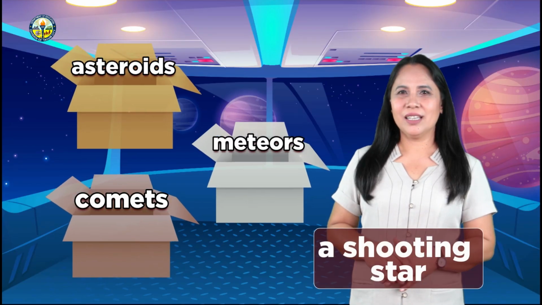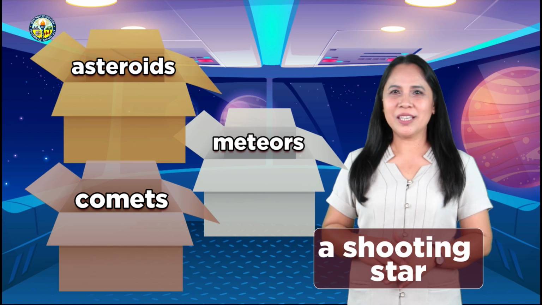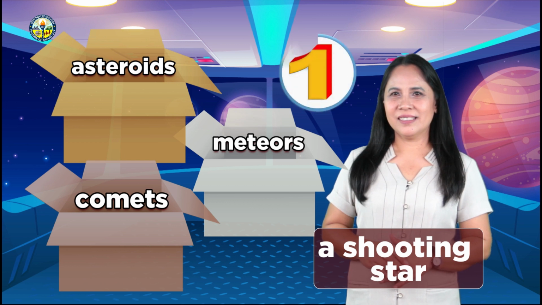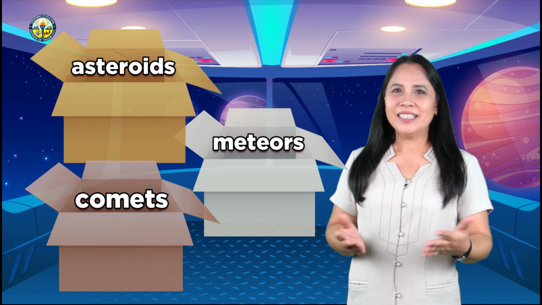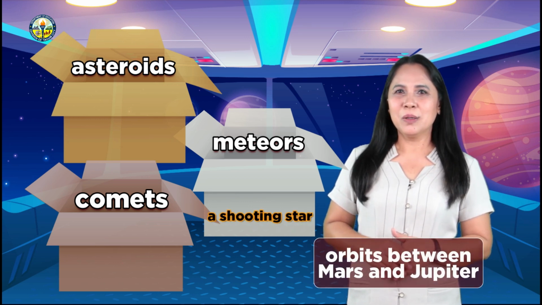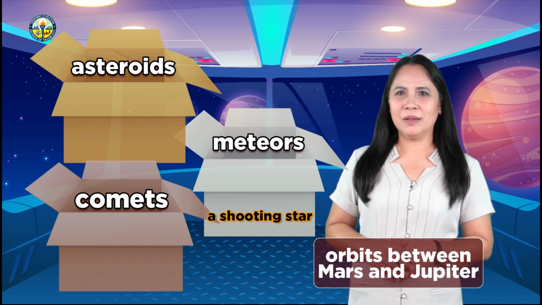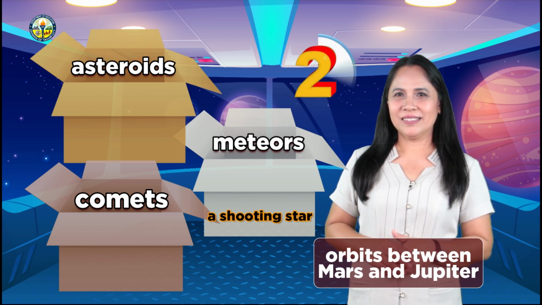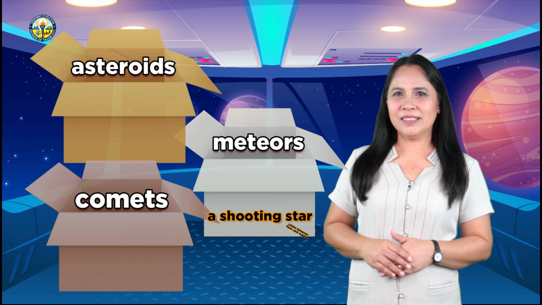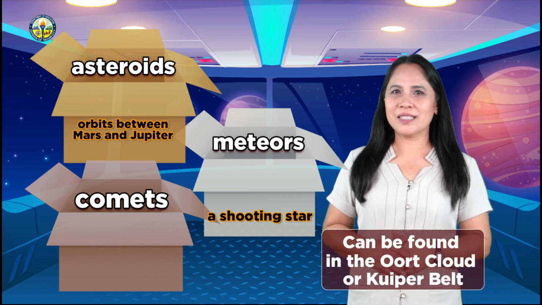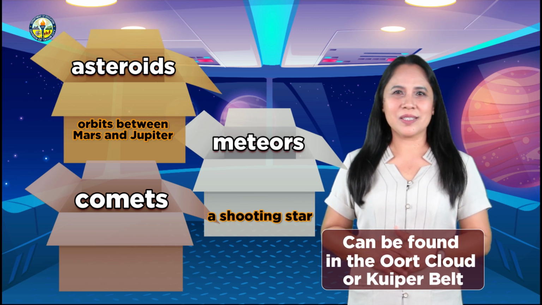First characteristic, a shooting star. Where do you think it belongs? You're right, it belongs to meteors. Second characteristic, orbits between Mars and Jupiter. Where do you think it belongs? Check, it belongs to asteroids. Third characteristic, can be found in the Oort cloud or Kuiper belt. Where do you think it belongs?